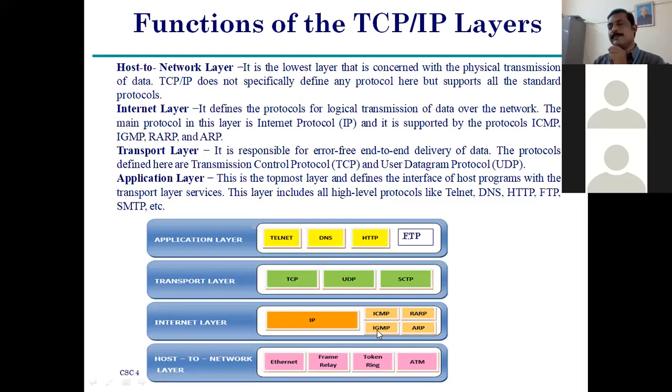And coming to the IGMP. IGMP means Internet Group Message Protocol, not Internet Control Message Protocol. Group message means, like in WhatsApp, there are many groups. Each and every group has the same information, transmitted and retrieved based upon the group ID.